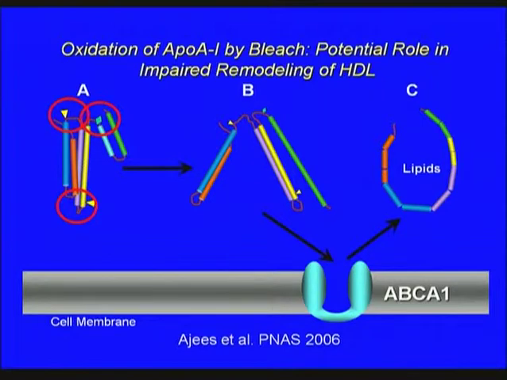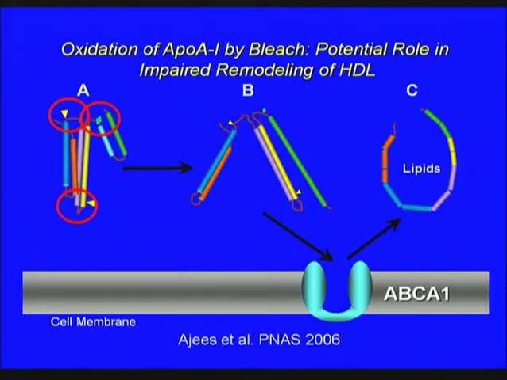So what Segrest et al. proposed in a paper published several years ago was that the key step in lipid-free ApoA1 removing cholesterol from cells was a reorganization of the lipid-free ApoA1 from this 4-helical bundle structure to this horseshoe-shaped structure. And they proposed that remodeling of the particles in the hinge domains was critical for this pathway.